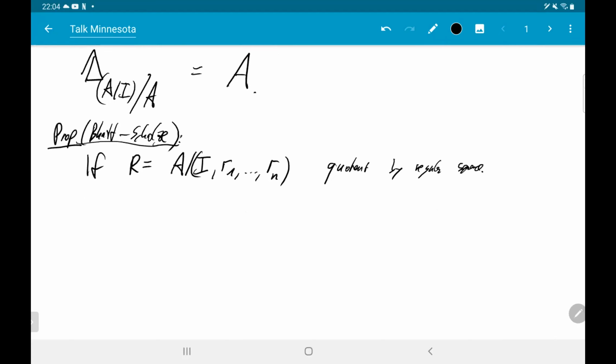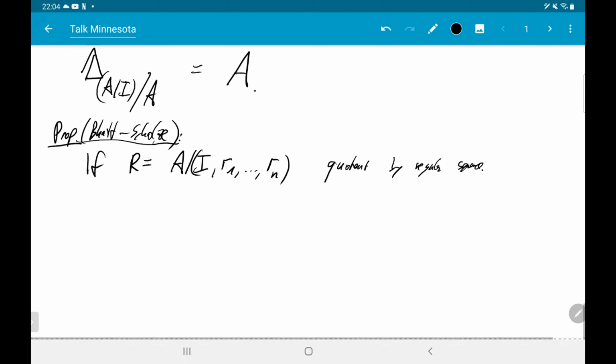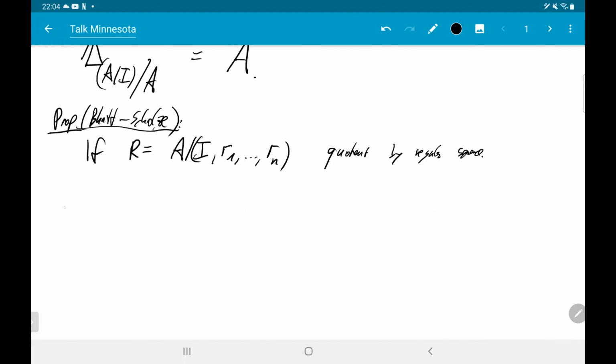Then Bhatt-Scholze give a formula for prismatic cohomology as something they call a prismatic envelope.